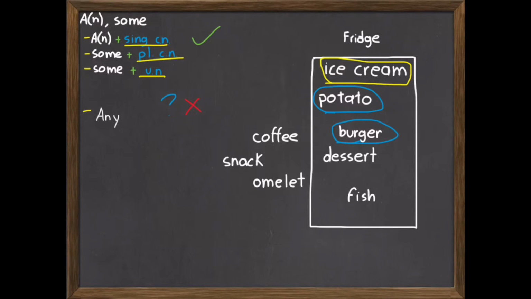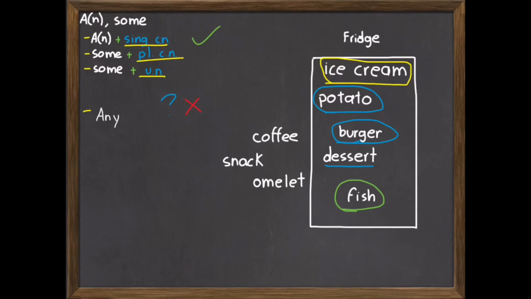Now what about dessert? Can you say a dessert or some dessert? Well, dessert, as maybe you know, it's an uncountable noun, so we say some dessert. There's some dessert in the fridge. Now, is there any fish in the fridge? Is there any fish in the fridge? Yes, there is.